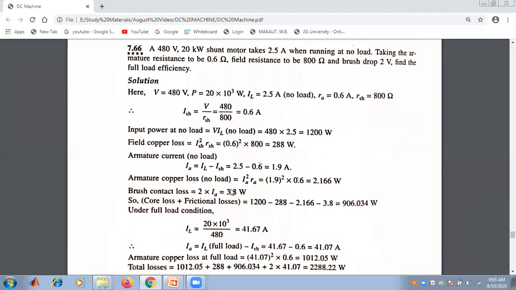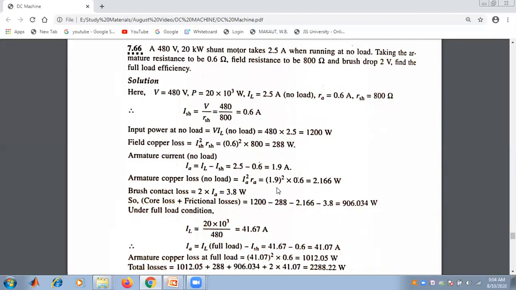So armature current at no load, that is Ia equal to IL minus Ish, that is 2.5 minus 0.6, that is 1.9 ampere. So the armature copper loss at no load, that is Ia square Ra, that is 1.9 whole square into 0.6, that is 2.166 watt.